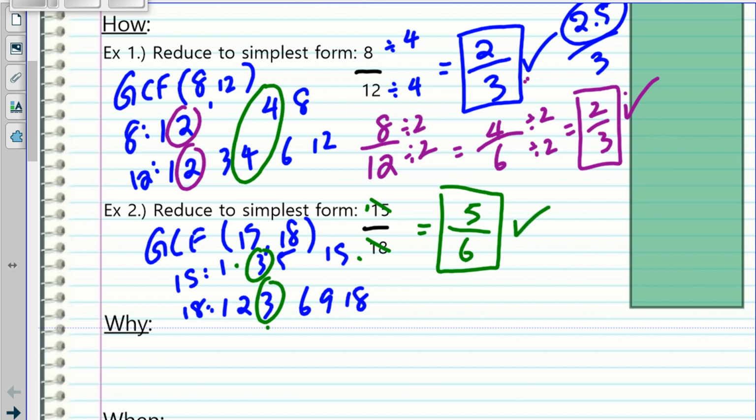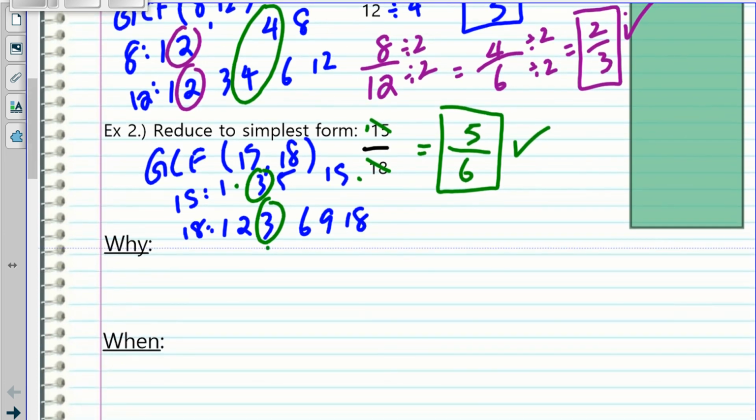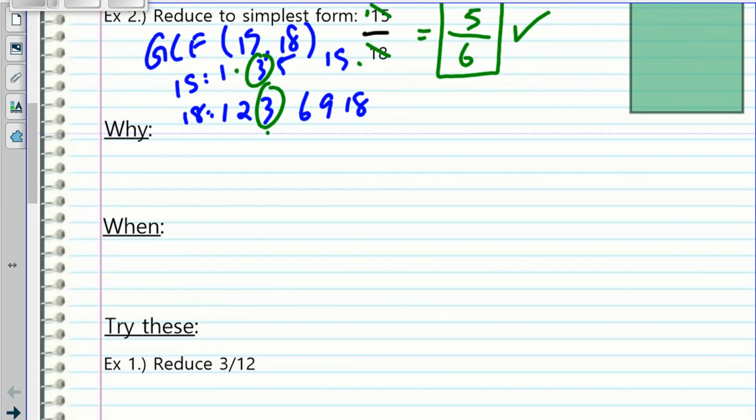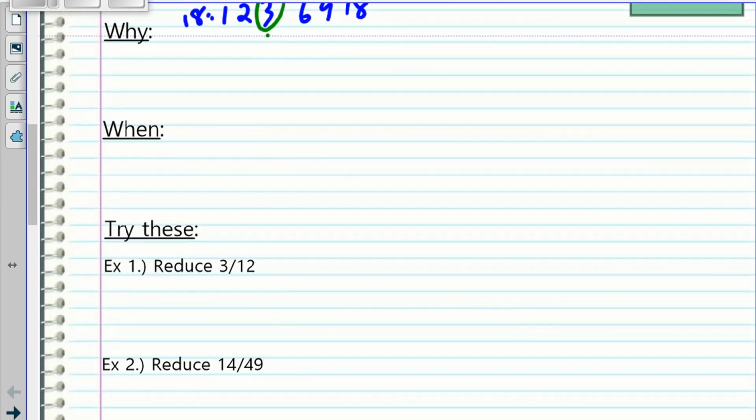Now, some of you might also wonder, why do we need to know how to reduce fractions? Because every now and then the numbers get so cumbersome that, for example, if I were to ask you to operate on this, you're better off reducing here and reducing here.